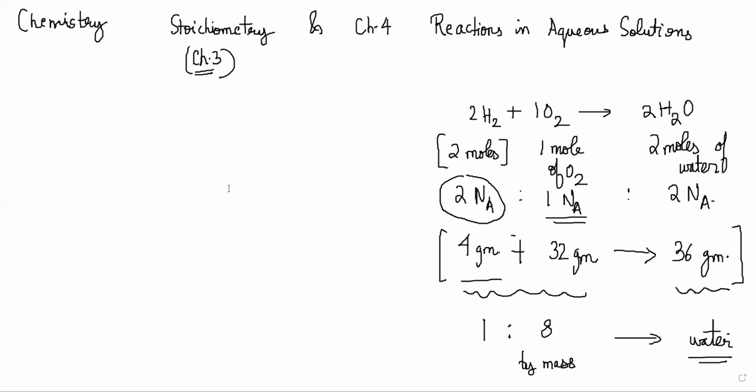So balancing chemical equations, you already know what to do, right? Yes, sir. So why don't you try to balance this reaction? C3H8, propane, plus oxygen gives carbon dioxide plus water.